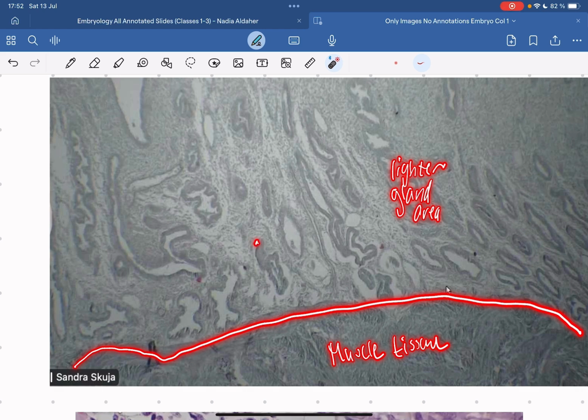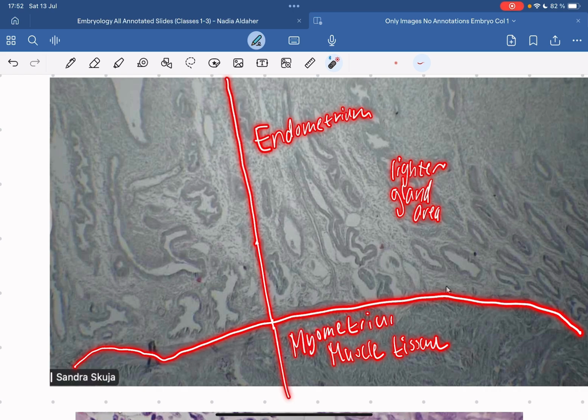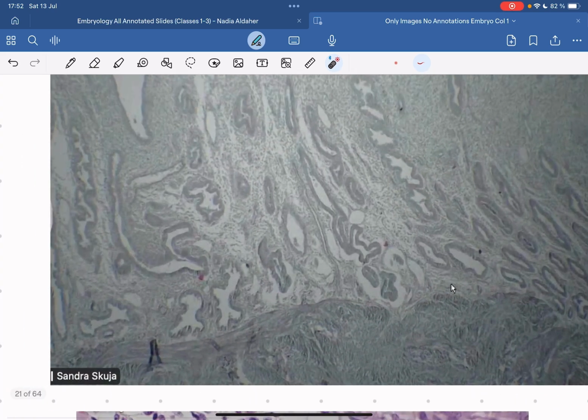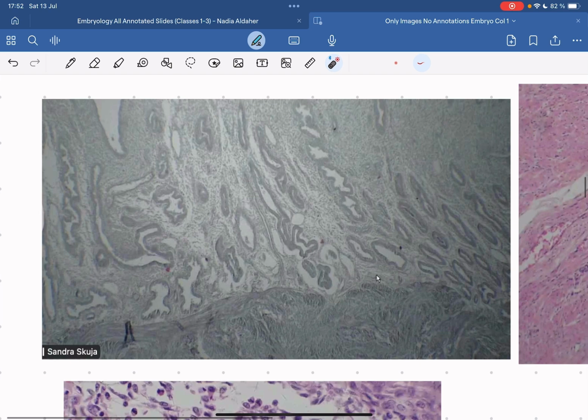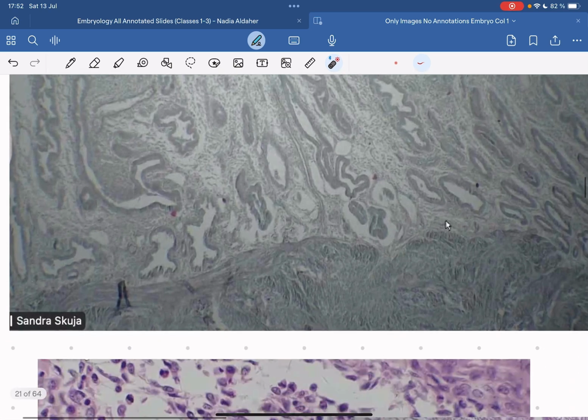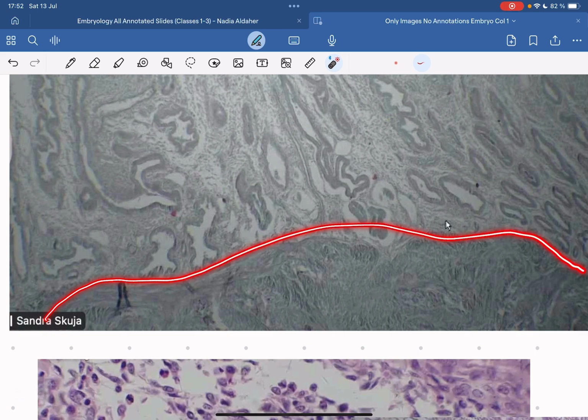This is specifically the border between the endometrium and the myometrium of the human uterus. So again, the only real signifier you can see when trying to distinguish if it's the human uterus slide is this clear, distinct line that they will show you between the myometrium and the endometrium.